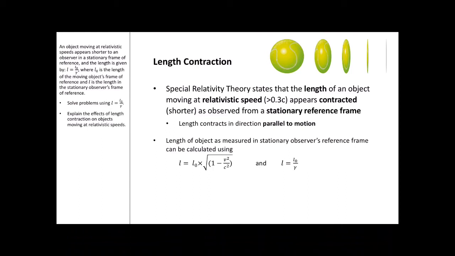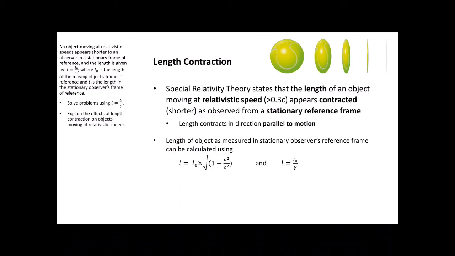So they're not absolute and they can be altered depending on the reference frame that you're in. Like time dilates in a moving reference frame according to an observer from a stationary reference frame looking into the moving reference frame, length contracts.